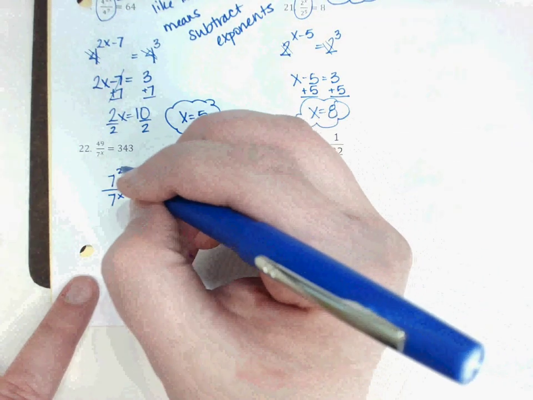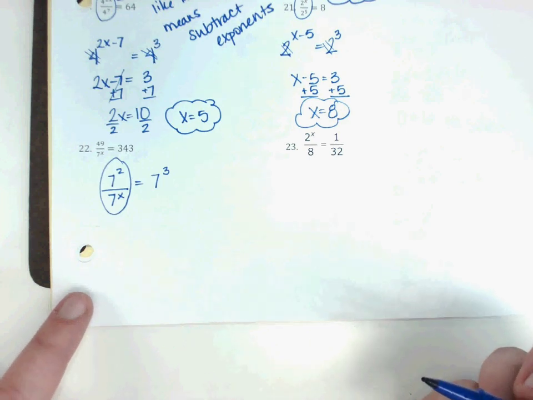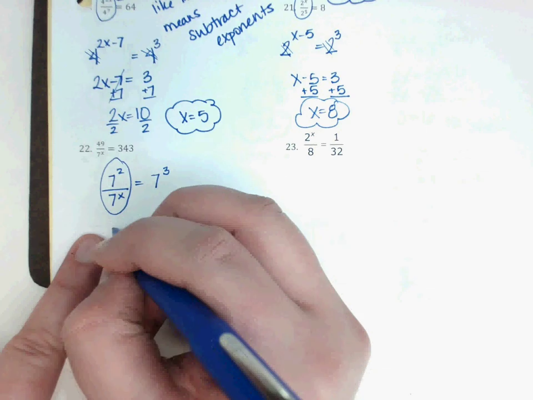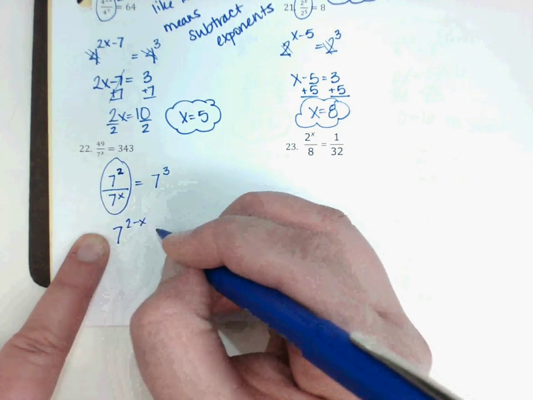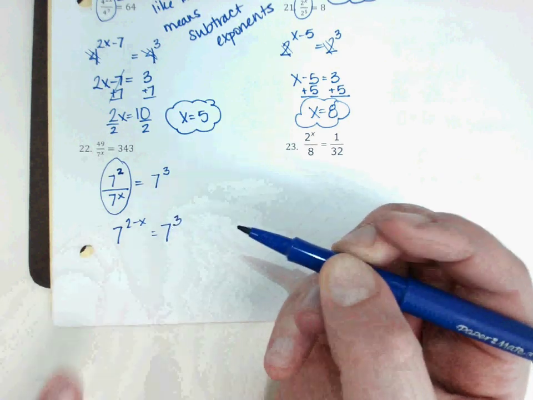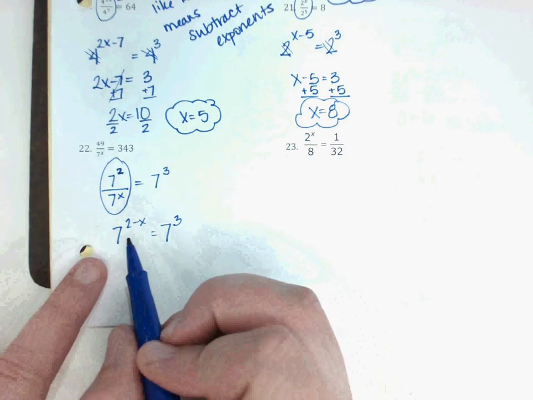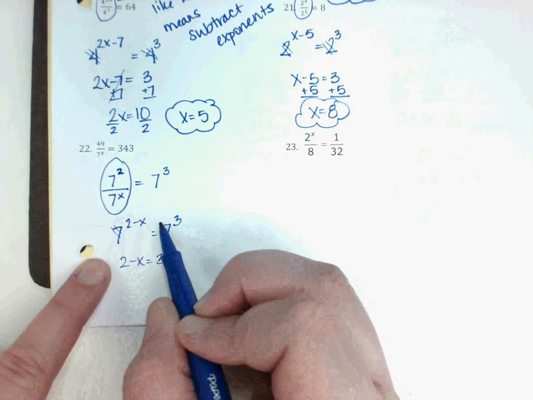And then when I combine here, do I combine with addition or subtraction? If they're divided, subtraction. And remember, it's always the top one minus the bottom one. But then once you have it in that form, your 7s are gone, you just have an easy equation left over. So I have my 2 minus x equal to my 3. 7's gone, 7's gone.